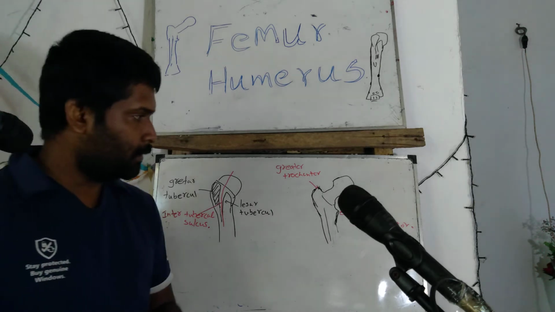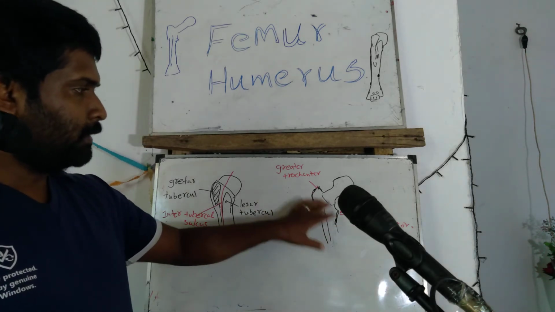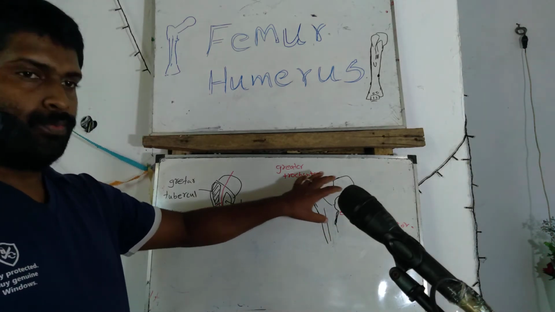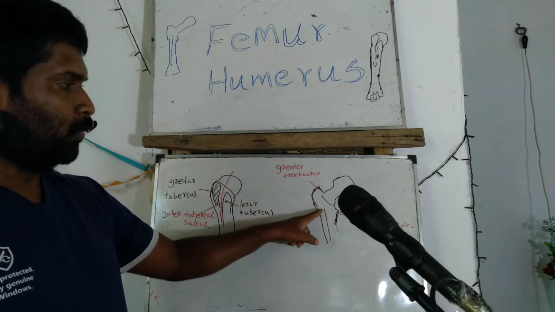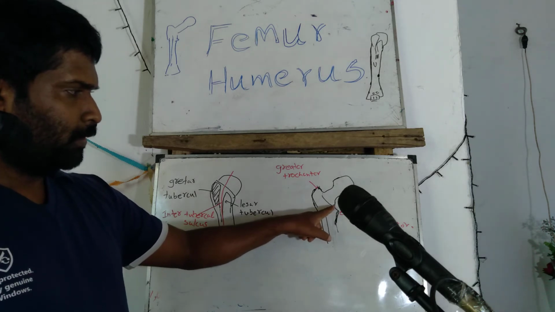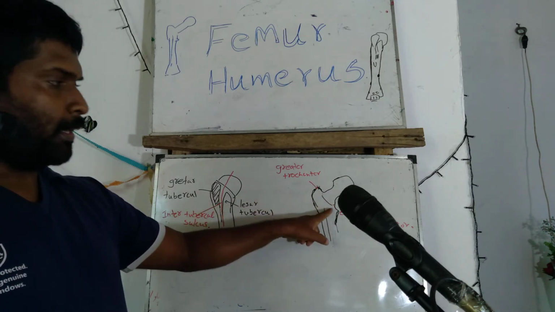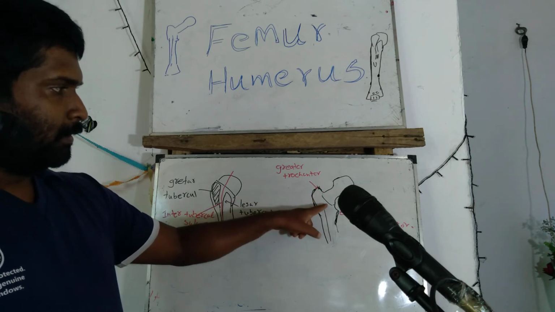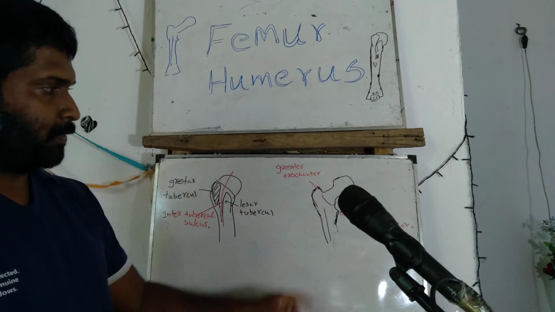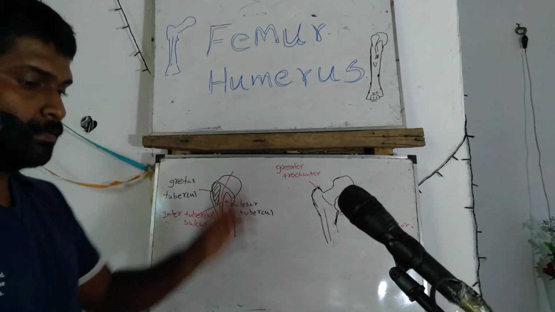Intertubercular sulcus. Now consider the femur, the trochanteric area. Between the two, there is a ridge-like area. We call it the trochanteric crest.